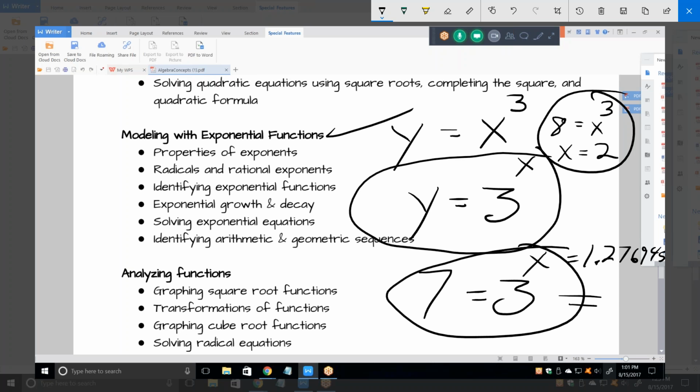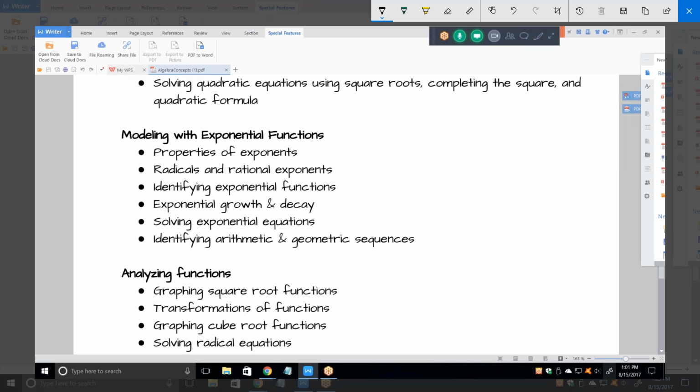So there's quite a difference between exponential functions and algebraic functions. And the biggest difference is where the exponent is. Now, I noticed that I don't see logarithms anywhere on here, although the next thing, exponential growth, solving exponential equations, we might have to table that.